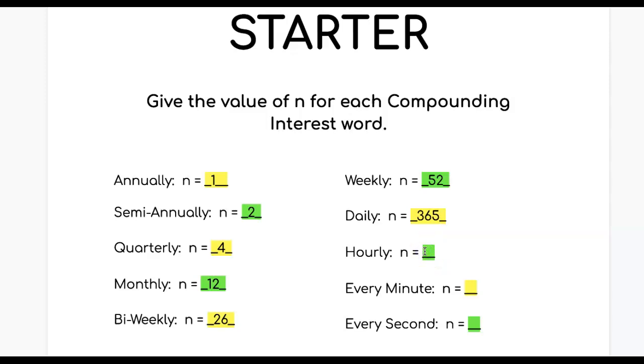Hourly would be 365 times 24 hours, right? Every minute. And every second. 31,536,000 times per year. Okay, so that's what the n values are for all those magic words that are basically the frequency of how often you would be compounding the interest.